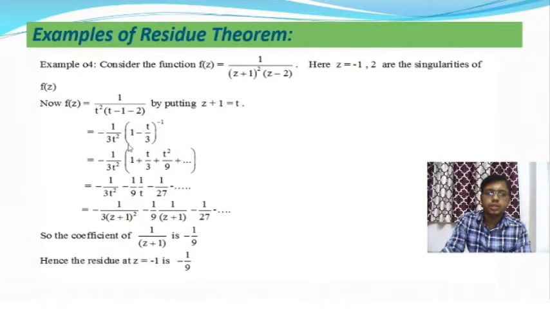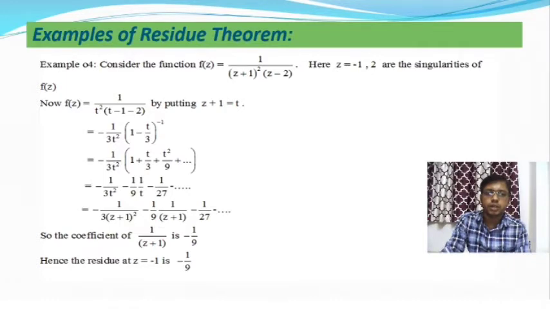See, this function is actually a series, and the first term will be 1, the second term t by 3, the third term t square by 9, and the fourth term will be t to the power 3 by 3 to the power 3, that means 27, and so on. Okay, so there are an infinite number of terms. So from this expression we are looking to find the coefficient of 1 by t actually.